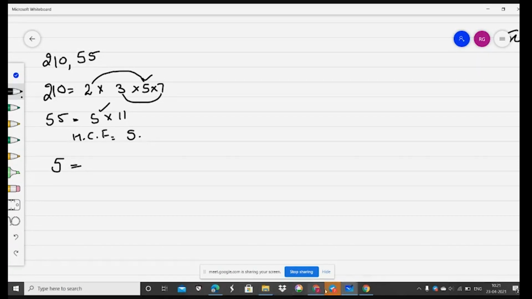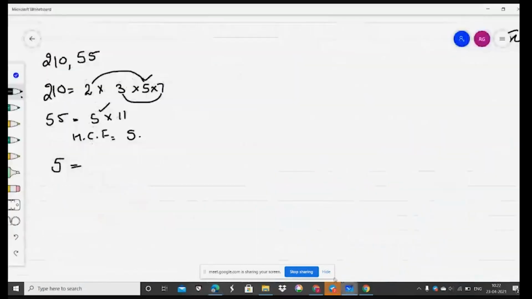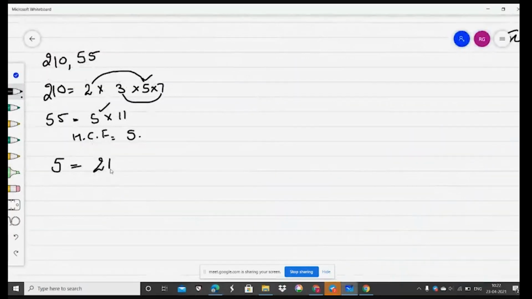Now the question is, we are supposed to find the value of y such that 5 is equal to 210 into 5 plus 55 into y. Now we are supposed to find the value of y.